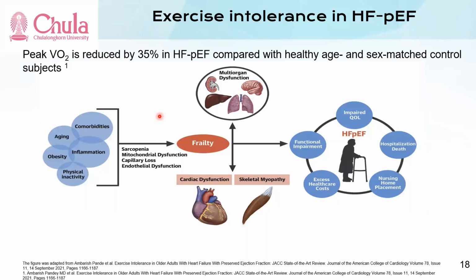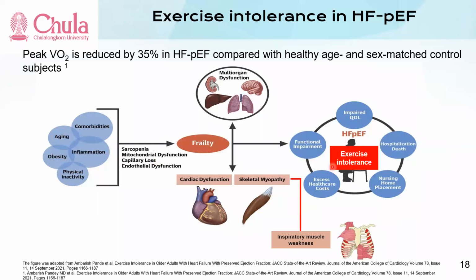Let's take a deeper look at the pathophysiological abnormalities that contribute to the clinical manifestation of heart failure with preserved ejection fraction. Risk factors such as comorbidities, aging, obesity, physical inactivity, and systemic inflammation lead to downstream multi-organ dysfunction, frailty, cardiac dysfunction, and skeletal muscle myopathy, resulting in inspiratory muscle weakness and exercise intolerance.